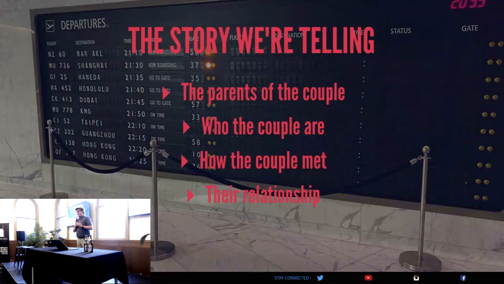We're going to talk about who the couple are. So, SwiftUI and SVG, we're going to talk about how they met, and we're going to talk about their relationship. All that in 20 minutes. I had 35 minutes at Singapore, so we'll see how this goes.